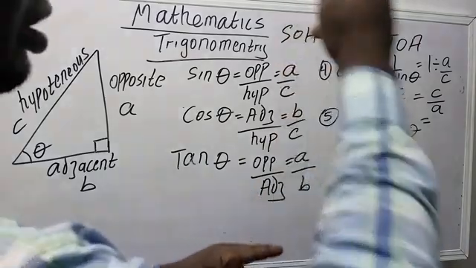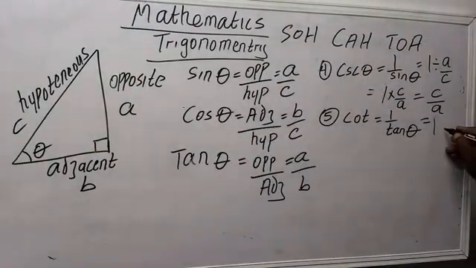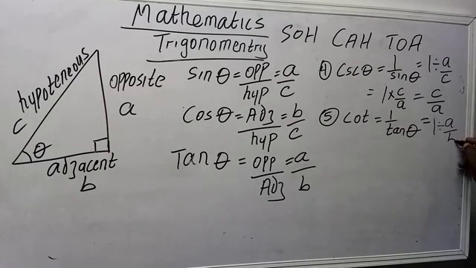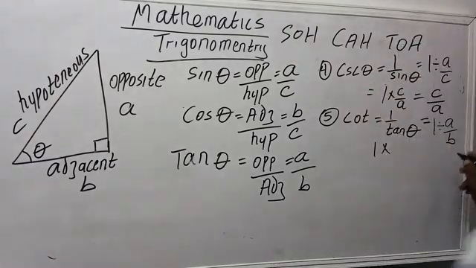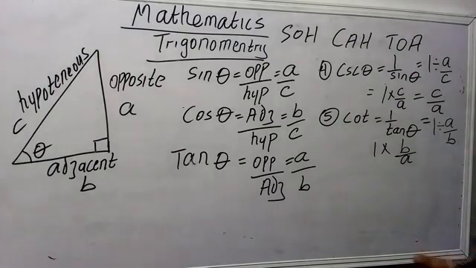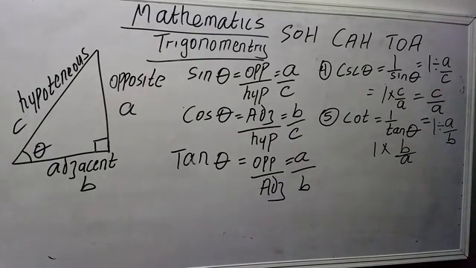That is 1 divided by A over B. That is 1 times B over A. Don't forget, when I change to multiplication, the numerator will go down while the denominator will go up.